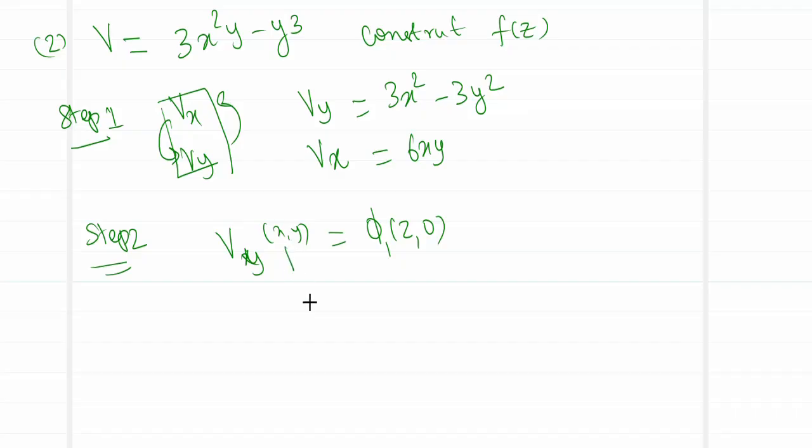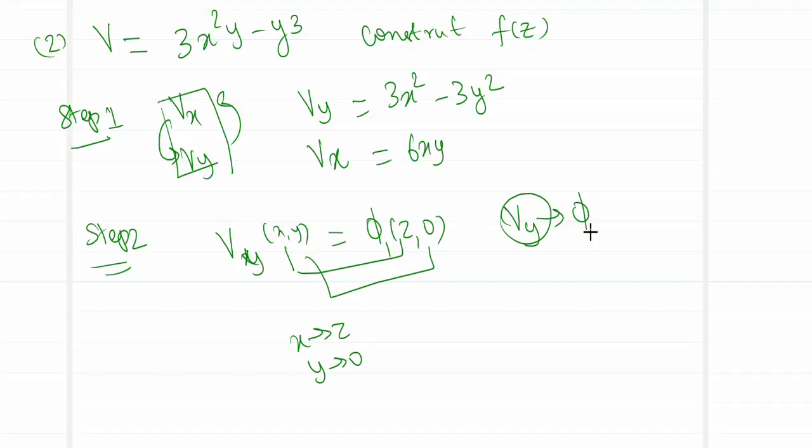So x has to be replaced with z, and y with 0. When I replace x with z and y with 0, my vy will turn out as phi 1 of z comma 0. So what is my phi 1 of z comma 0? This will become 3z square, and y is replaced as 0, so this will become minus 0.